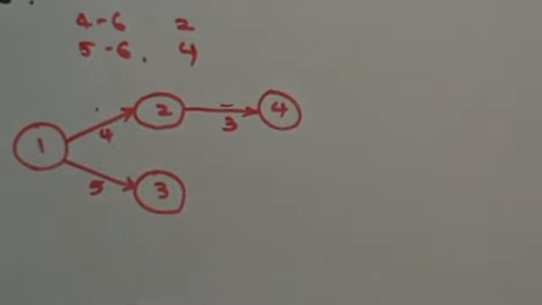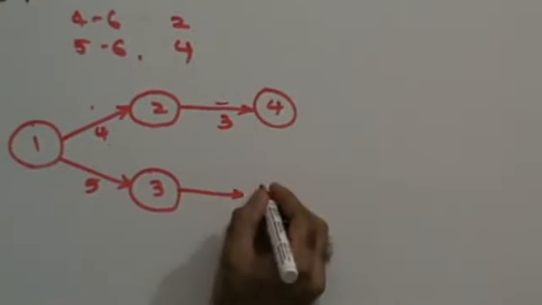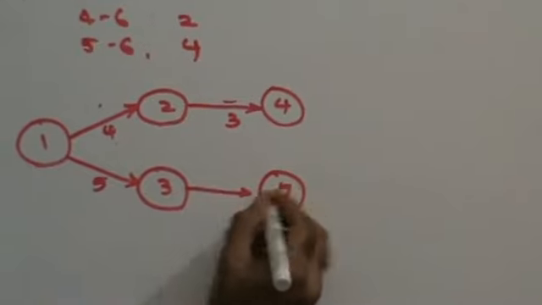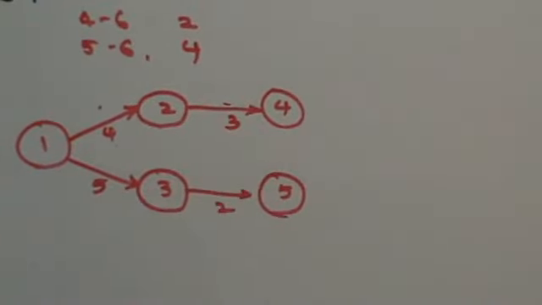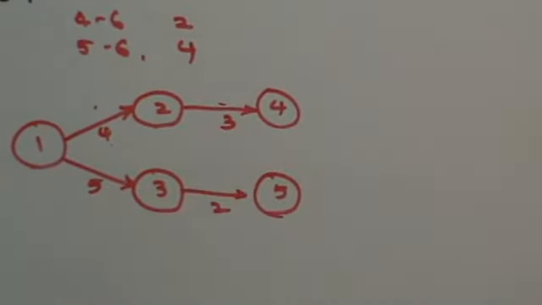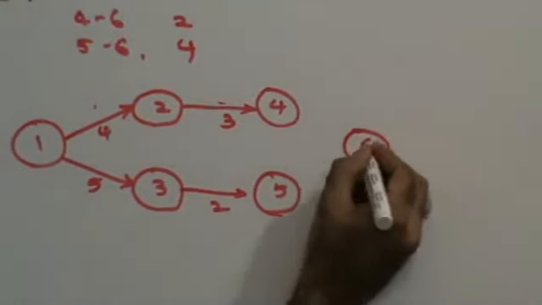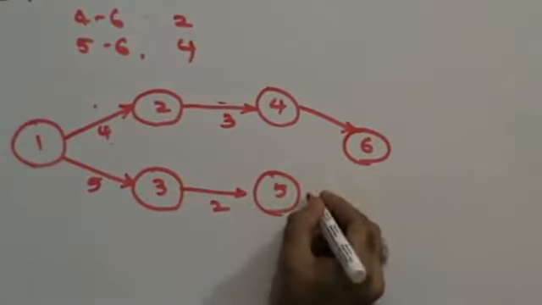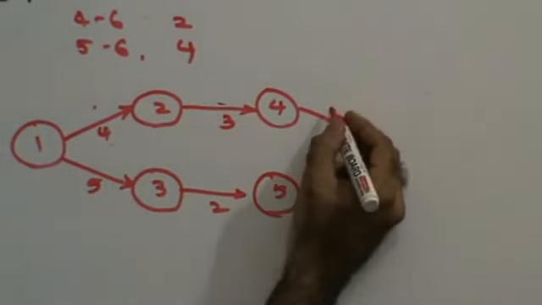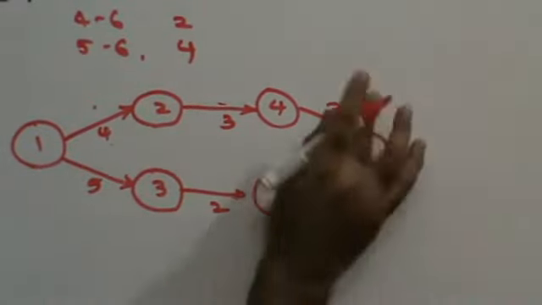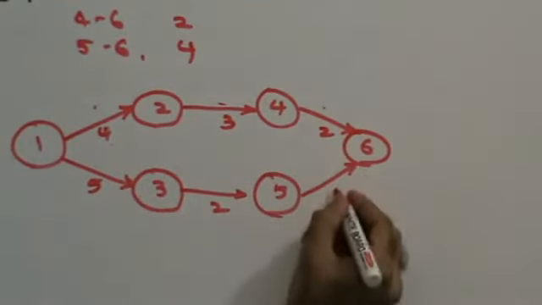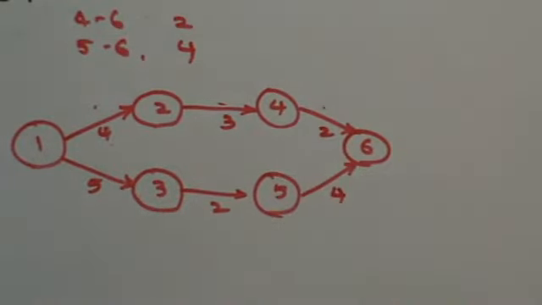Then from 3 I have activity 5, which is of 2 days. From 4 you have 6, and from 5 also you have 6. This is of 2 days, and this is of 4 days. Right? Very simple network diagram.